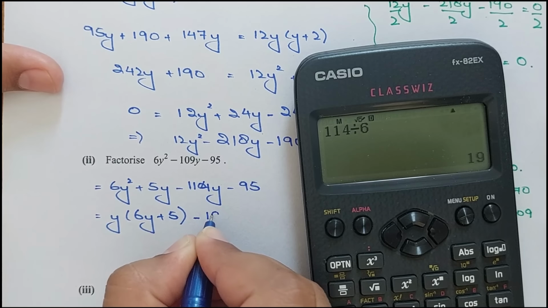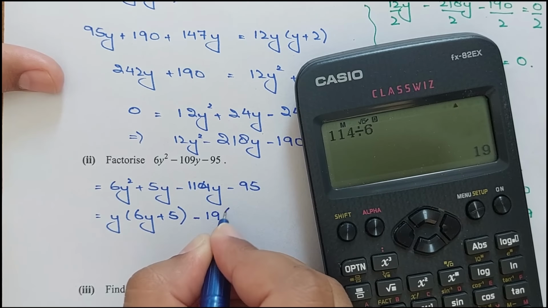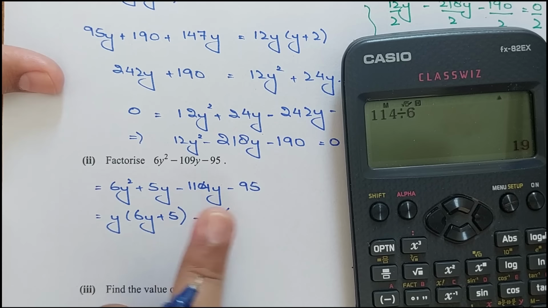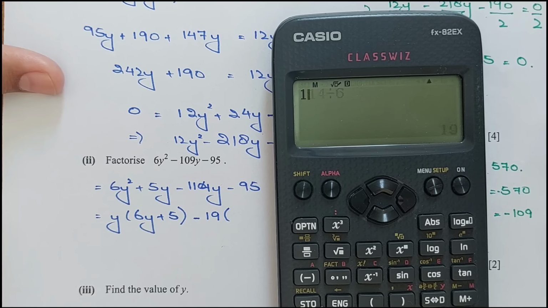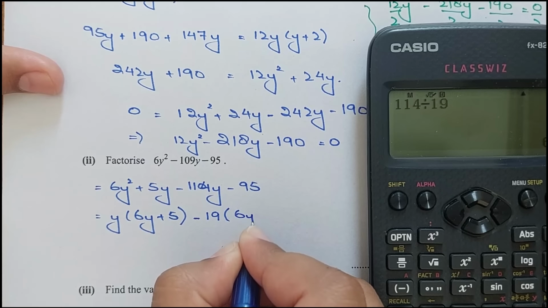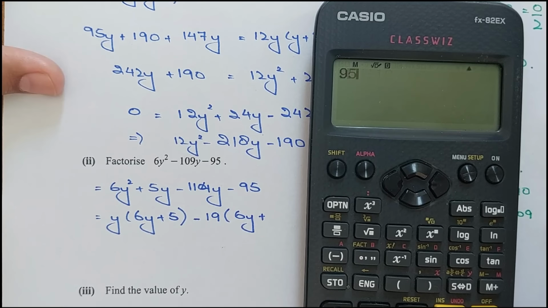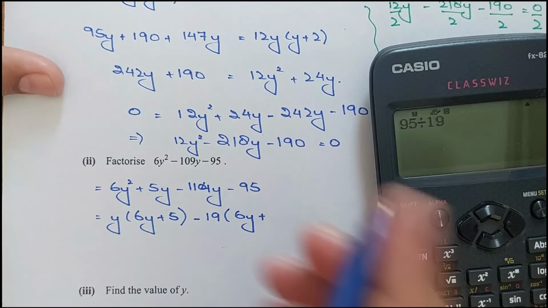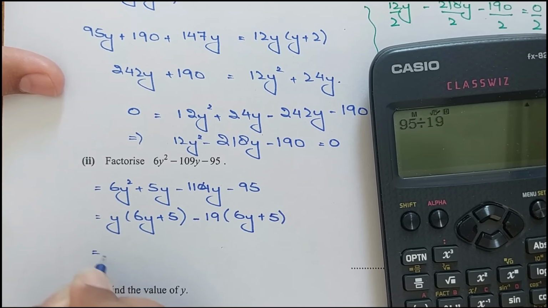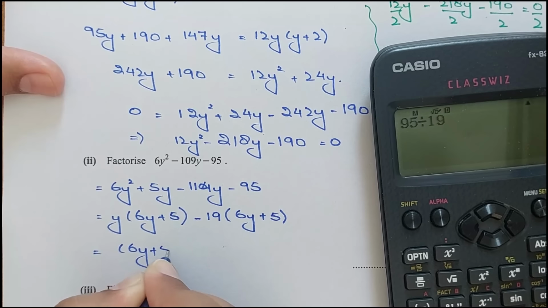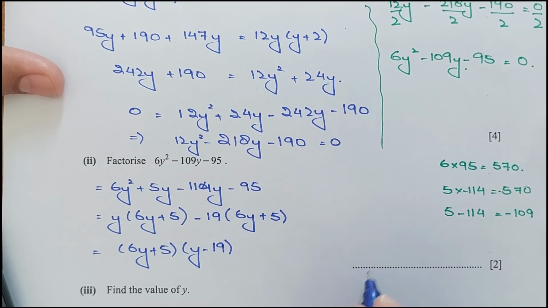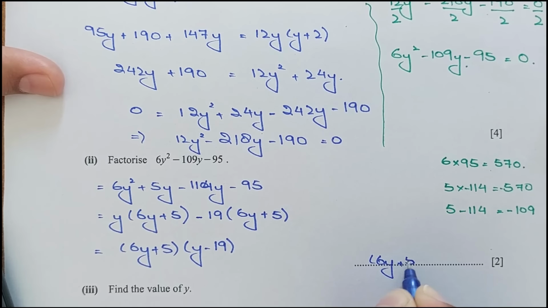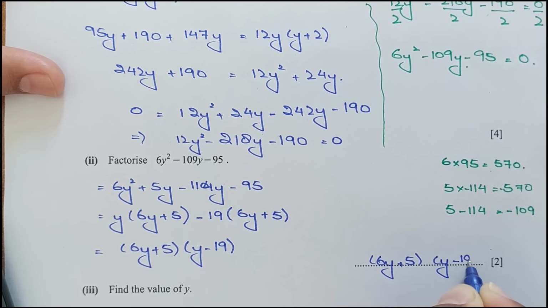So let me take minus 19 common. 114 divided by 6 is 19, and 114 divided by 19 gives 6. So minus 19 times 6y, and plus 95 divided by 19 is 5. These are the same. So 6y plus 5 is one factor, and y minus 19 is another factor.